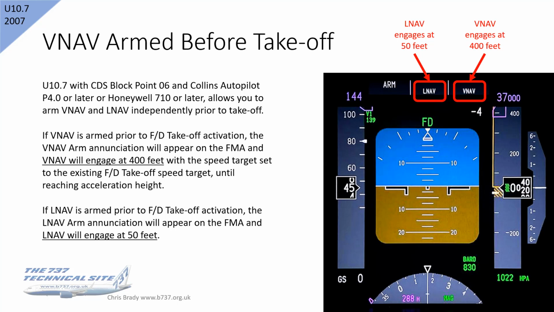If VNAV is on prior to the flight director takeoff activation, the VNAV arm annunciation will appear, and VNAV will engage automatically at 400 feet. With LNAV, LNAV will engage at 50 feet. So there's a slight difference in engagement height with the two things, which you should be aware of. But the point is, you can now arm VNAV.